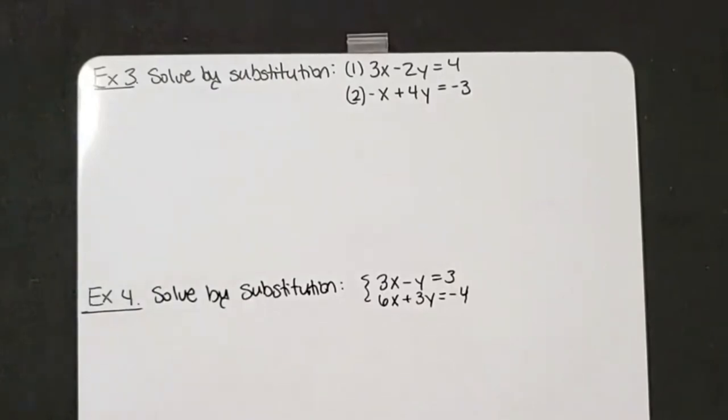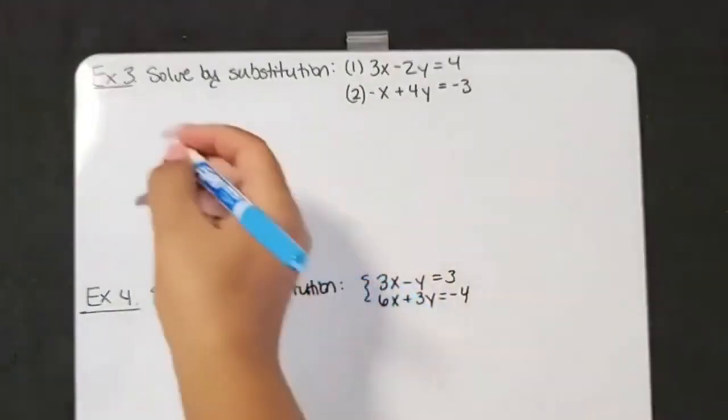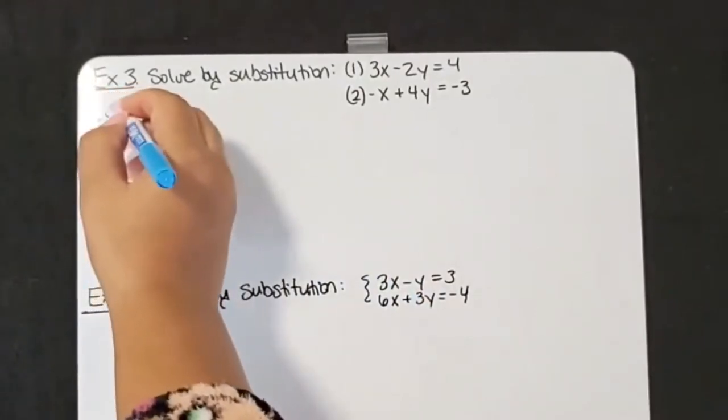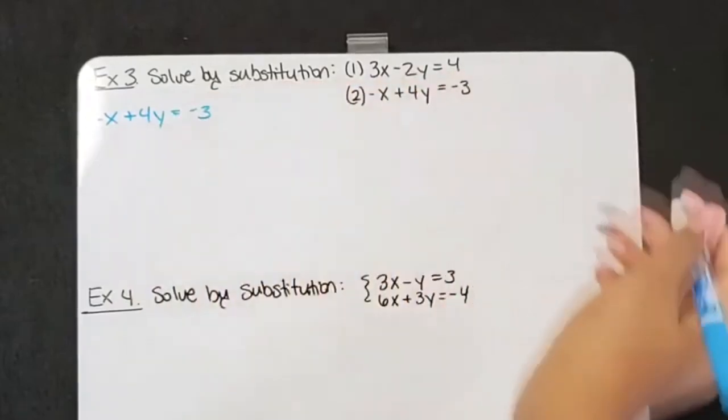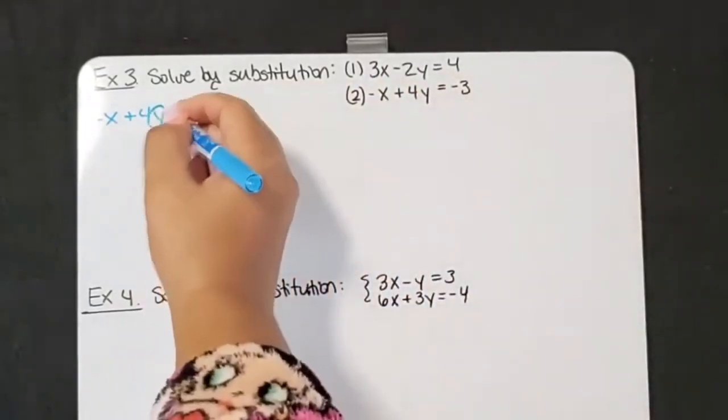And when you guys are working these problems, this is what you have to think about: which equation you're going to solve and what variable you're going to solve it for. Y. Okay, so y'all want to take the second equation and solve it for y.